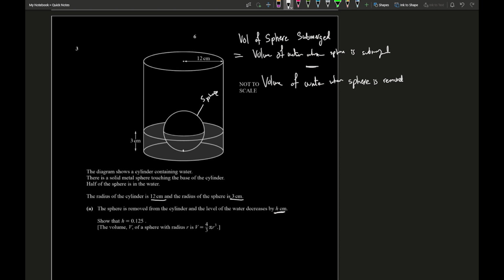Excuse my handwriting. We're basically calculating the volume of the water that has been displaced when we have put the sphere into the cylinder filled with water.